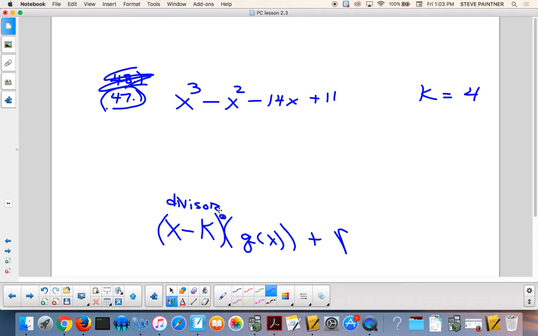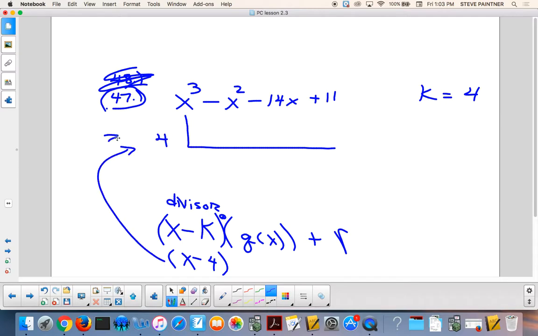Well, that number is x minus 4. So you're dividing by x minus 4. Put 4 here, put the 0 here, and then put 0 here. Put your coefficients in and work it out. And then you'll say x minus 4 times the quotient.